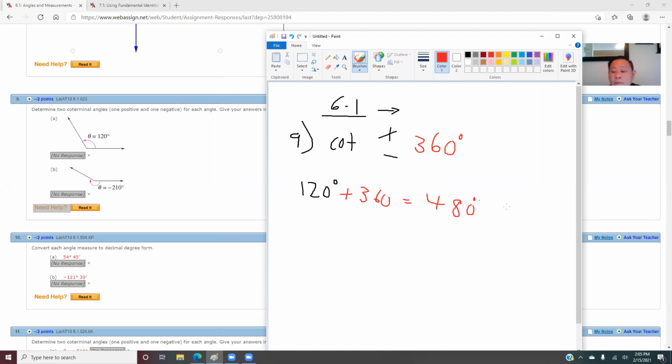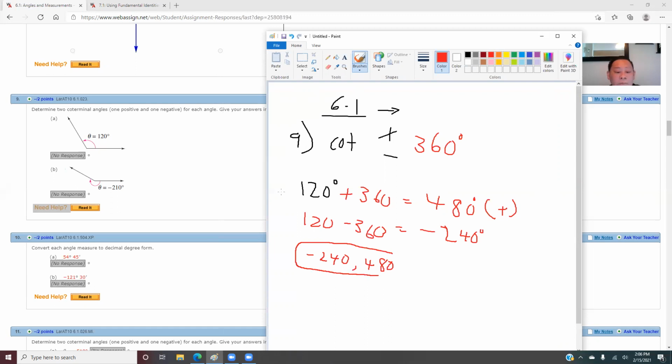This is the positive one. For the negative one, you subtract 360 and get negative 240. You put both of these answers in the box. Your answer will be negative 240, comma 480, without a degree symbol. This is your answer for part A.